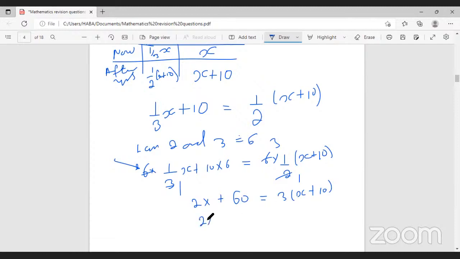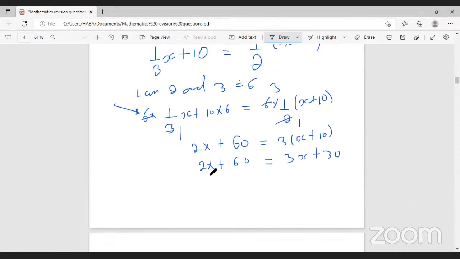So we shall have 2x plus 60 is equal to 3 times x, which gives us 3x, and then 3 times 10, which gives us 30. Now we collect the like terms. We take the 2x on the left to the right, and then the 30, bring it to the left.